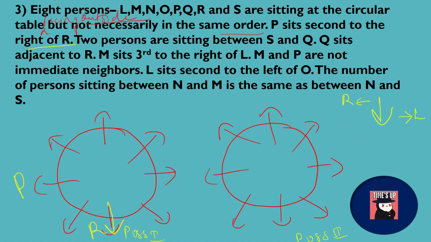Then next, 2 persons are sitting between S and Q. Q sits adjacent to R. Now, here in the second possibility, I'll keep R here.